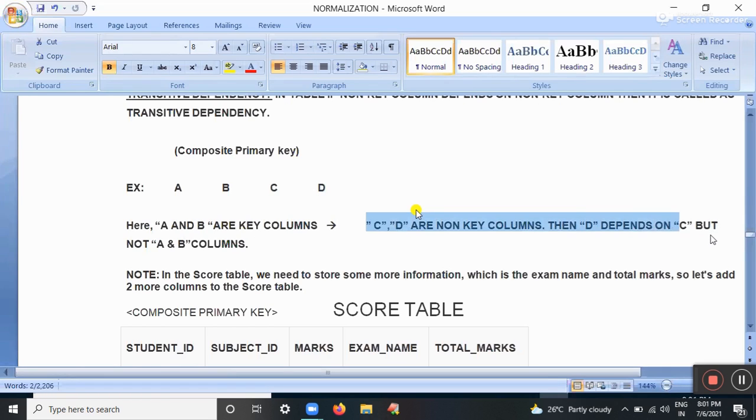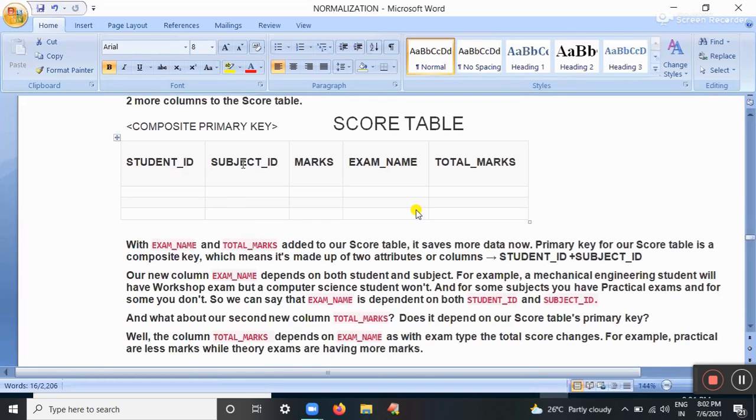Now, let us see a database example. Suppose one table was there, a score table, guys. In this score table we have some columns: student ID, subject ID, marks, examination name, and total marks. In this table, student ID and subject ID are both composite primary key columns.